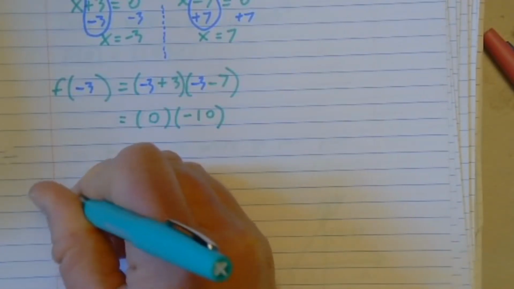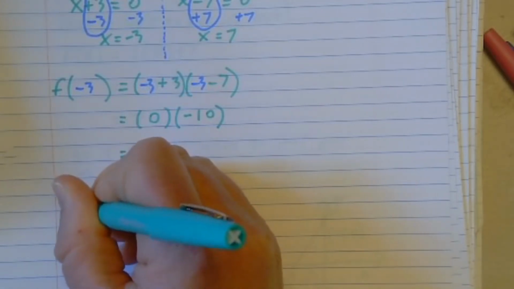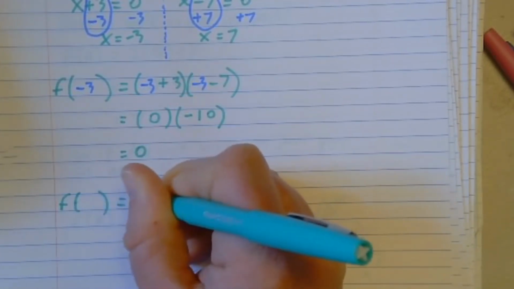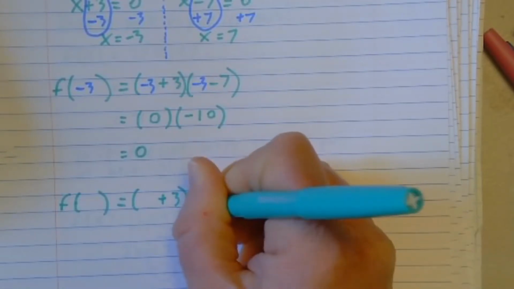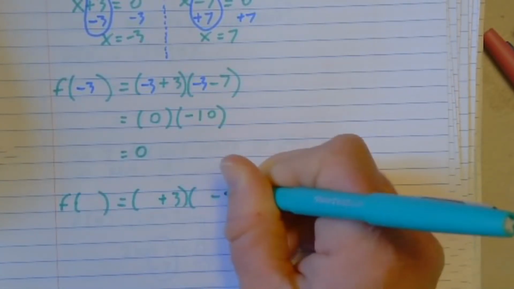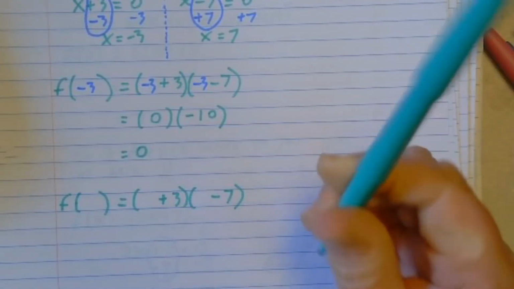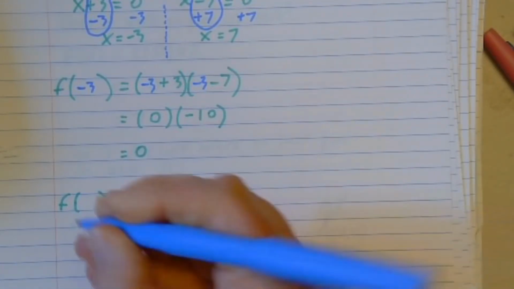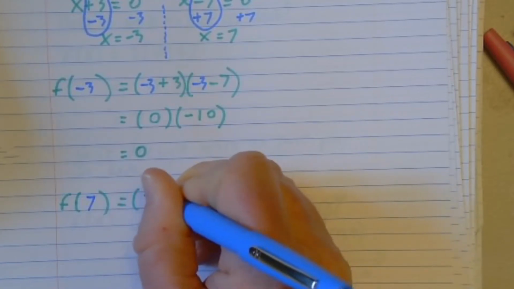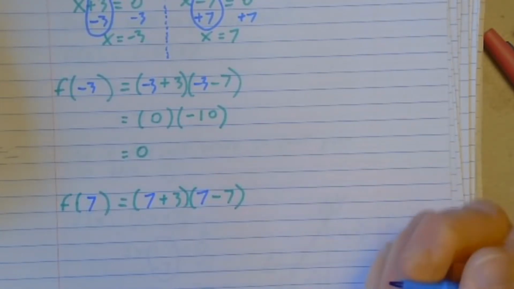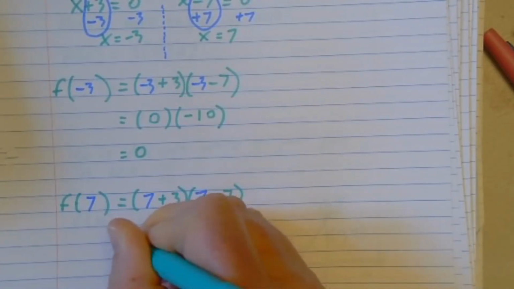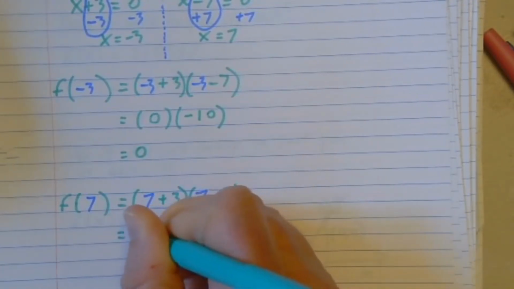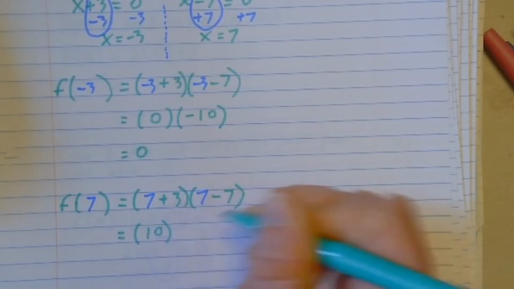Same thing will happen when I put in +7. I'm going to copy my whole thing in this color and then put in the +7 in blue, just like I did before with the 3. So now, 7 plus 3 is equal to +10.